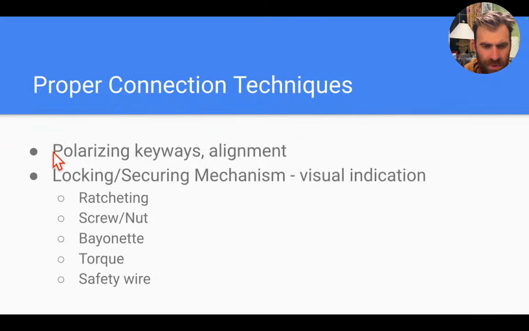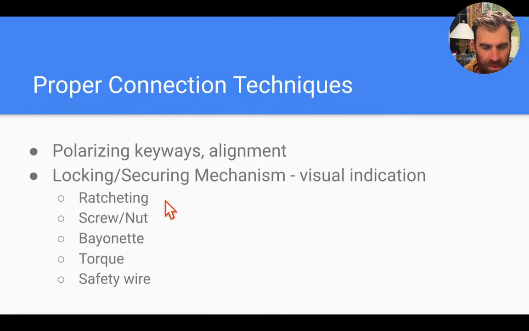Okay, and then we also talked about the polarizing keyways, or alignment ways, that the connectors are engineered with so that they'll mate together, and can sometimes prevent confusion of connecting the wrong connectors together inside the aircraft.